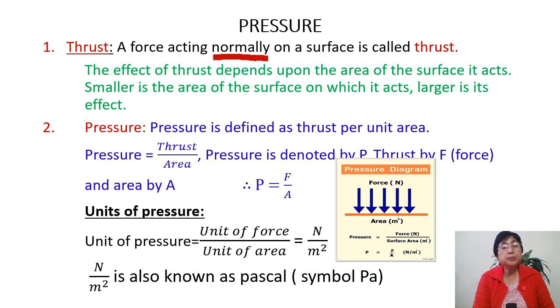And Newton per meter square has a specific name, which is called Pascal. Write all small here also, Pascal. When you write in full, Pascal, all small. But the symbol is capital P and small a, Pa. Alright, this is the symbol for Pascal.